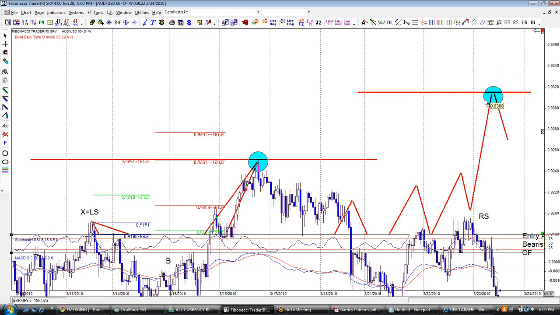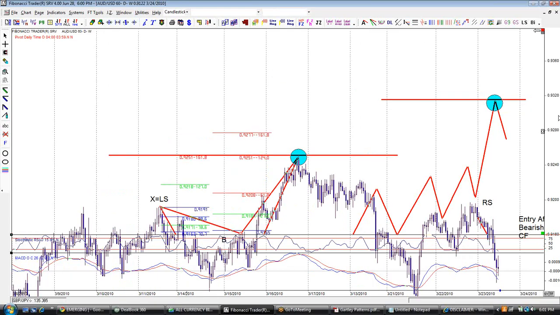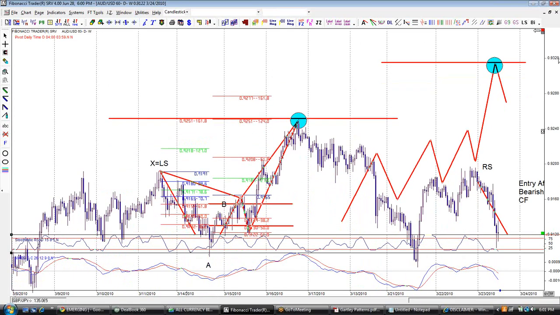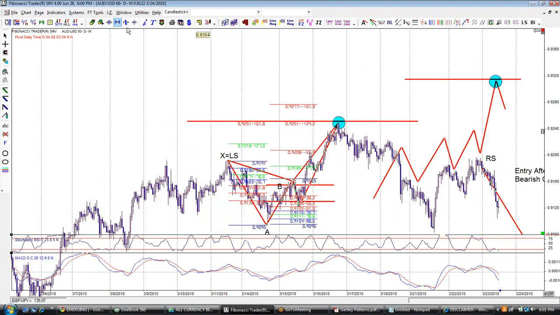Now, this is why we want to look for this bearish crab at a strong level, strong resistance, not just anywhere. Because most of the pattern recognition softwares will generate crabs all over the place. You don't want to trade all those patterns. Filter those.